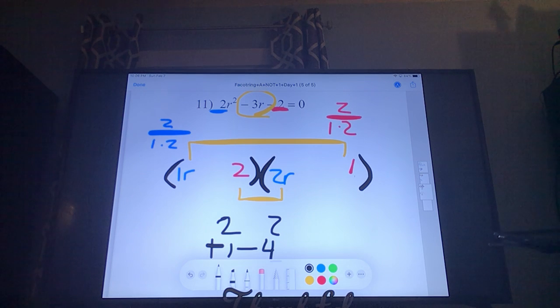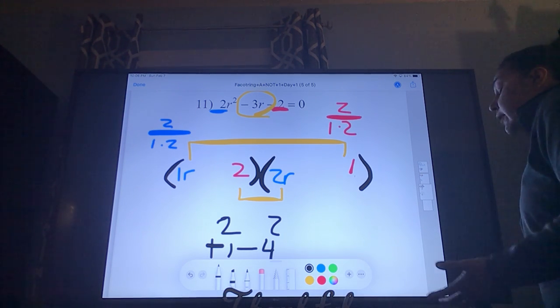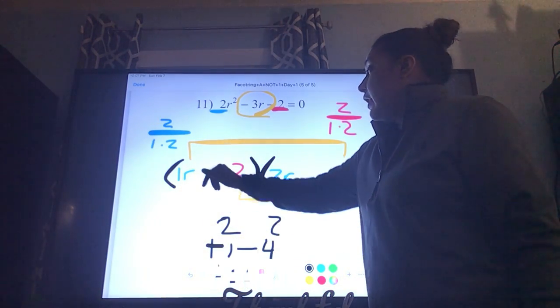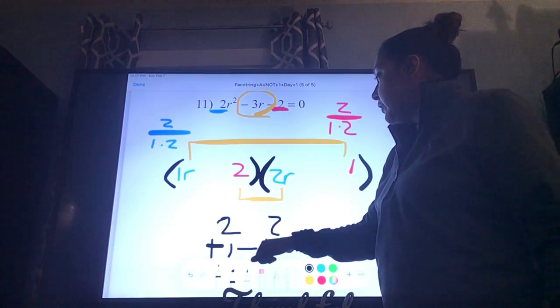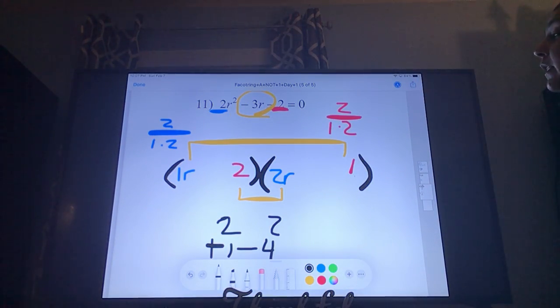Okay, and the best way to remember this is, since we wrote this number first, that sign goes in that box. We wrote this number second, it goes in the second box. Okay? Right?